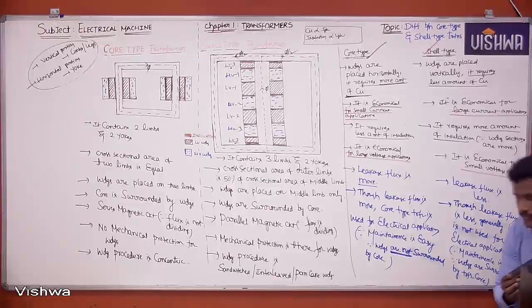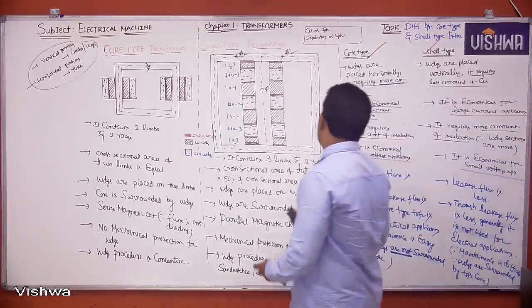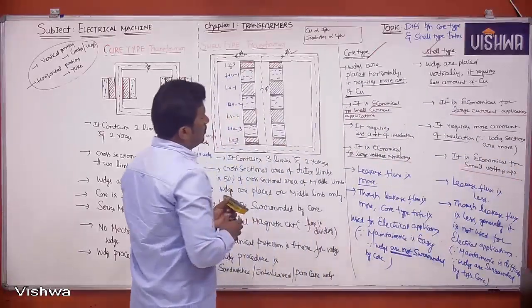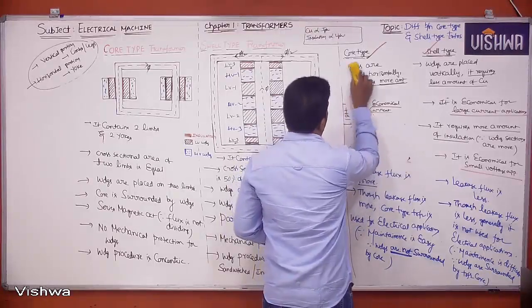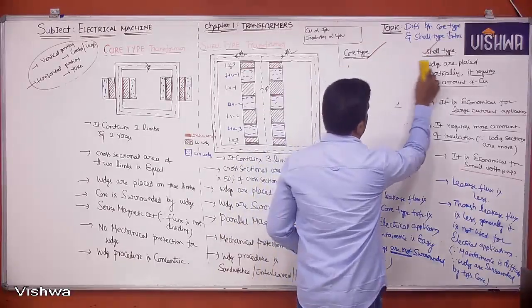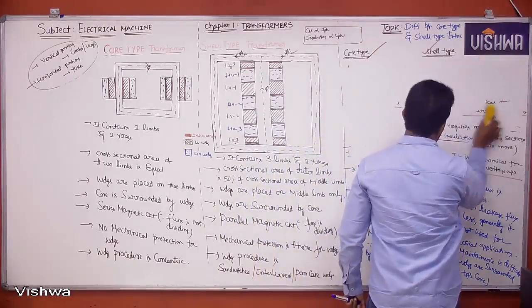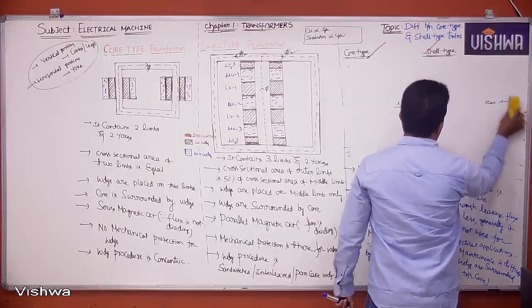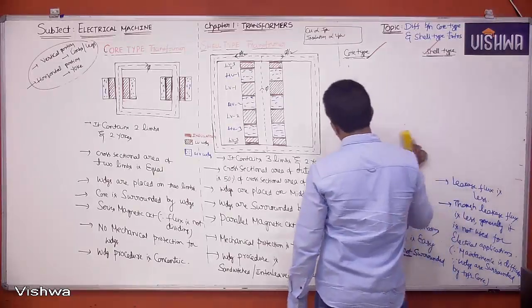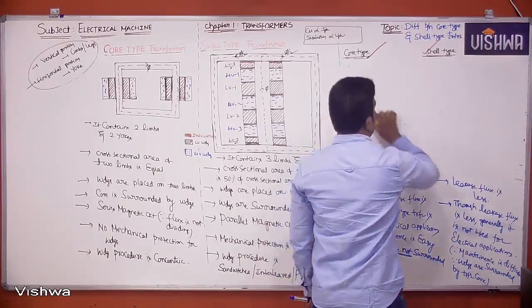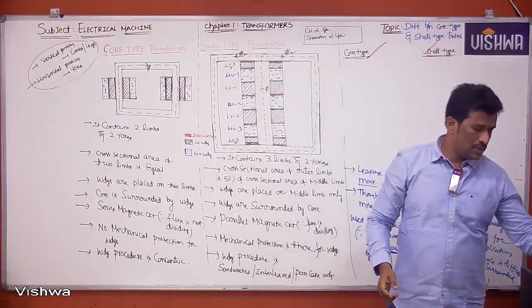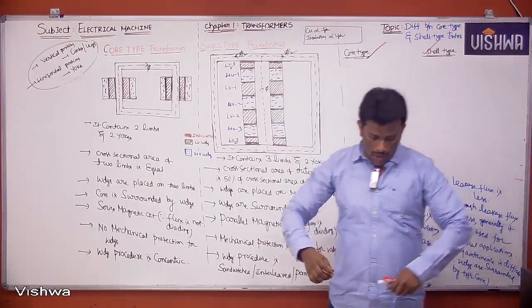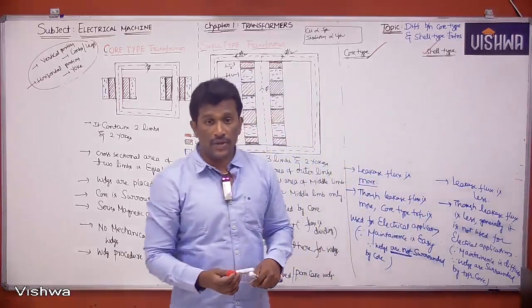Right. Now you may have a doubt: sir, you are saying leakage flux is more in core type, and yet you use only core type transformers for electrical applications, so don't you have any methods for reducing leakage flux?